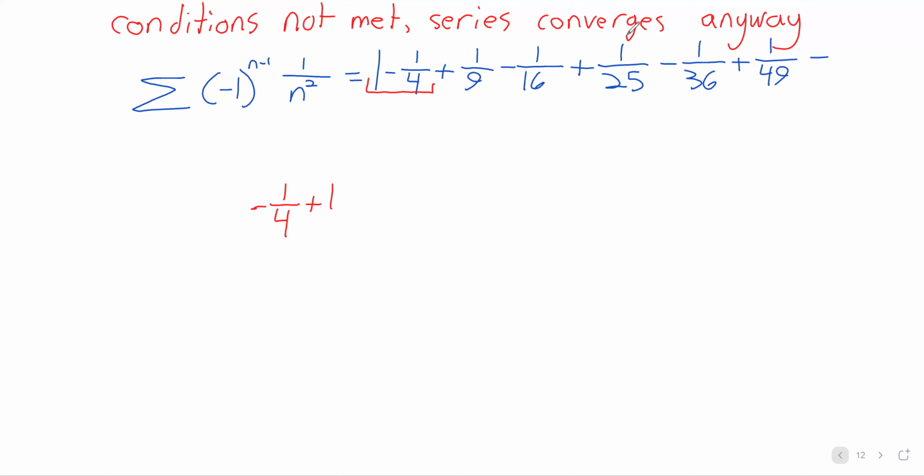So we can swap those two terms, and it doesn't change anything. And we can swap these two terms, and it doesn't change anything. And we can swap these two terms, and it doesn't change anything.